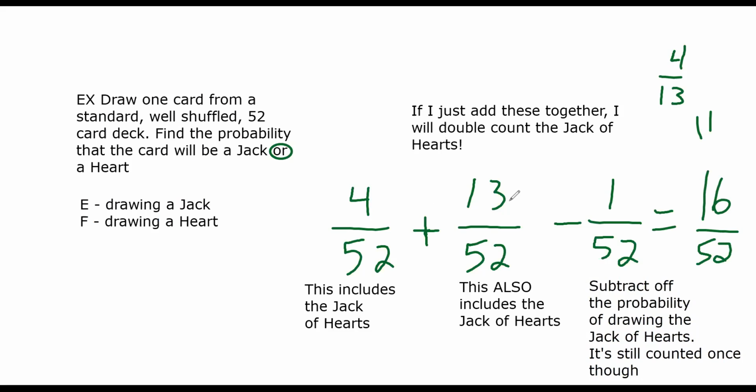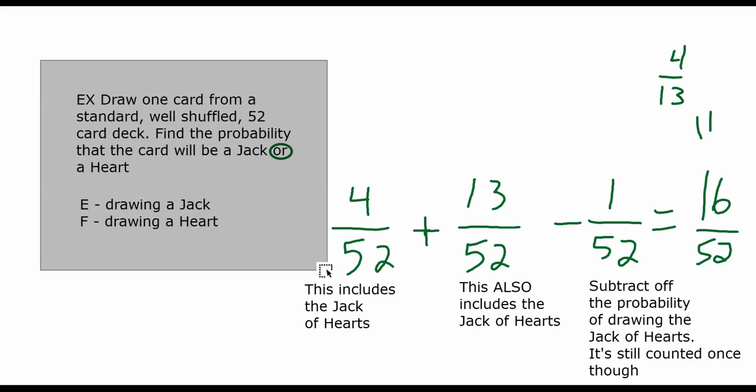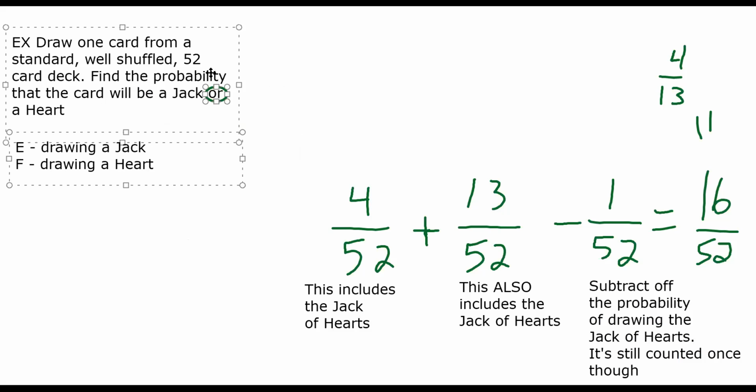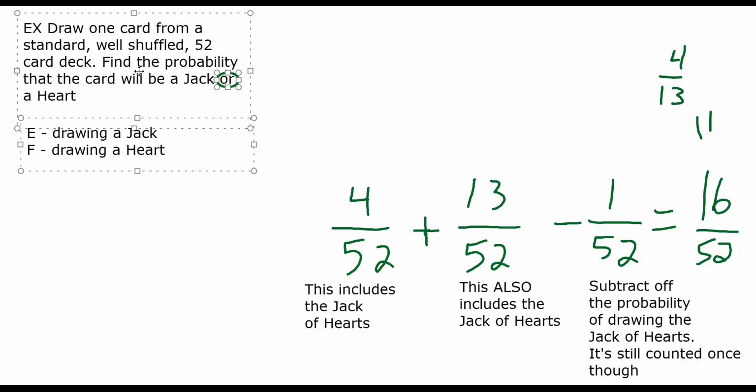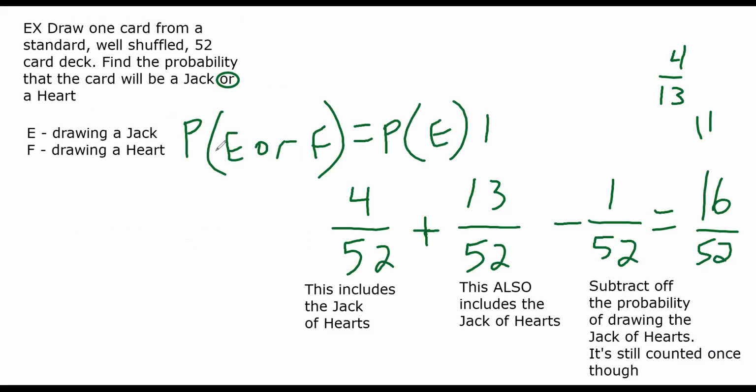Well, wait a minute. I had to add them, but then I subtracted something. Wait a minute, Wilbur. This is exactly where the probability formula comes from. The probability of A or B, you can also call it E or F. E or might be your favorite Winnie the Pooh character.